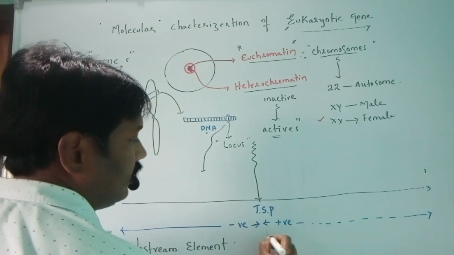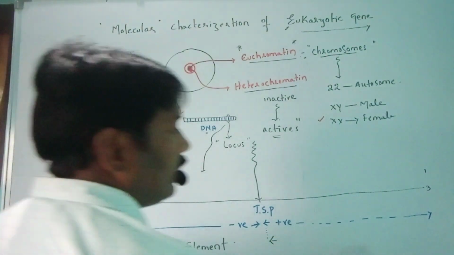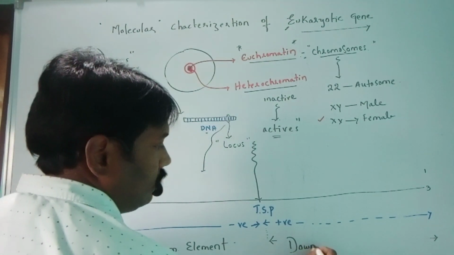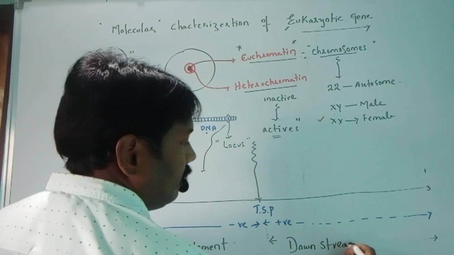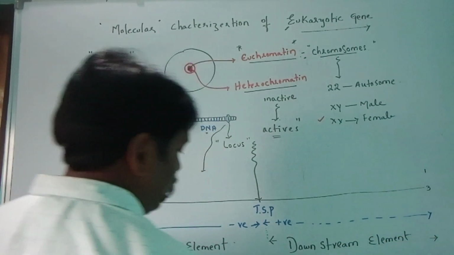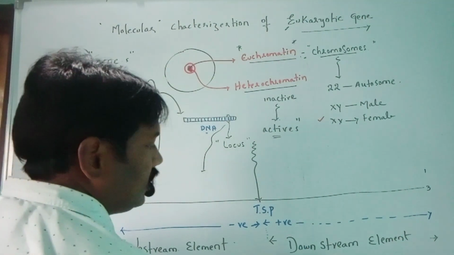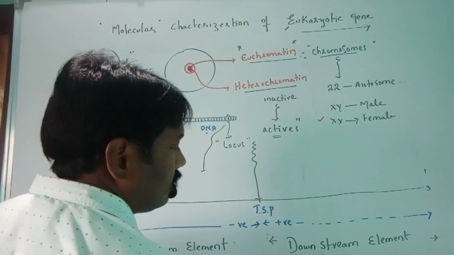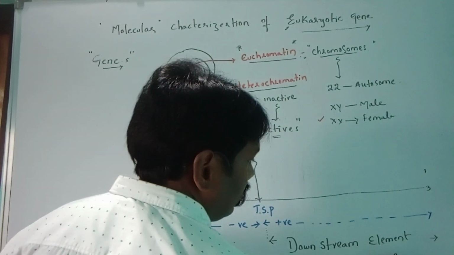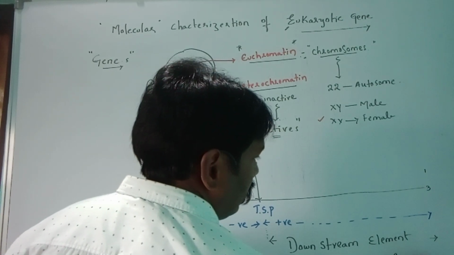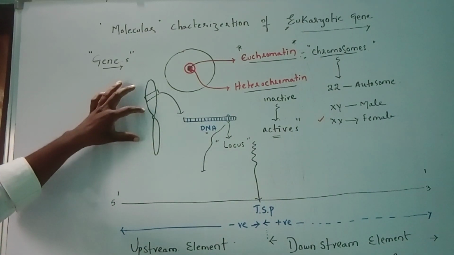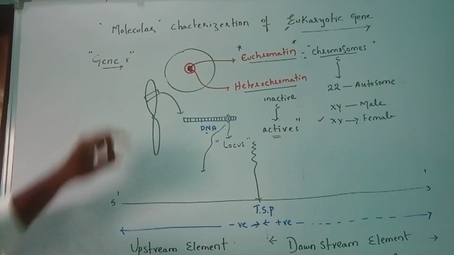Whereas after the transcriptional start point, it is called the downstream element or process. It is also known as the structural gene sequence.